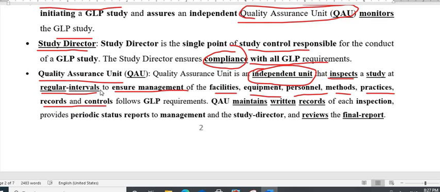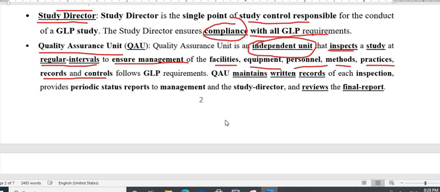So quality assurance should be an independent unit, and they have to take care of all the details, report it and file it, so that the quality is maintained.